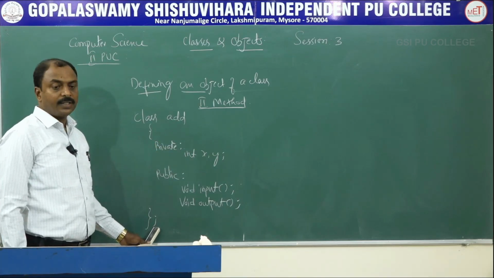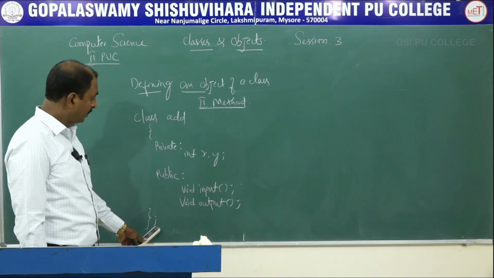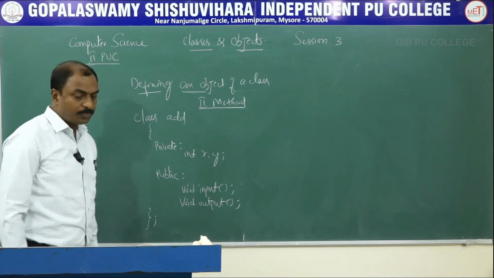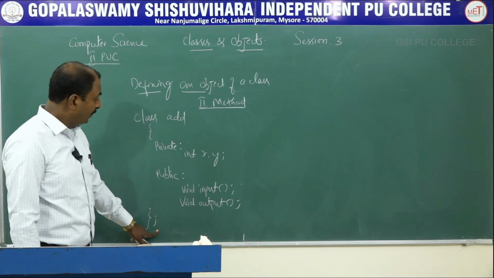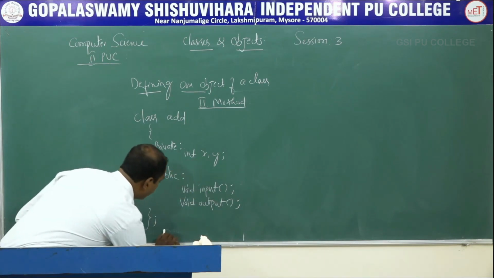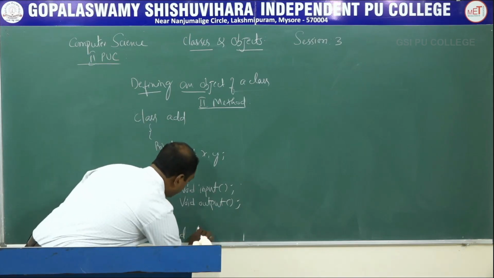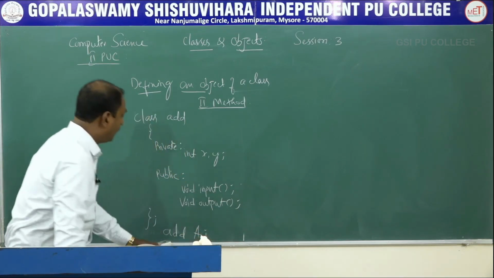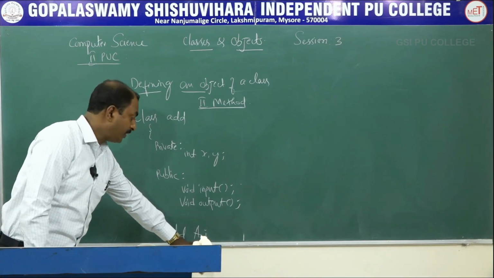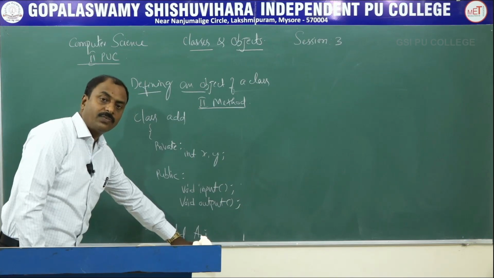But instead of closing with the semicolon right away, we give the name of the object immediately after the class. We write the name of the class, add, and space, and I can write here A. This is add A, where A is a user defined name.